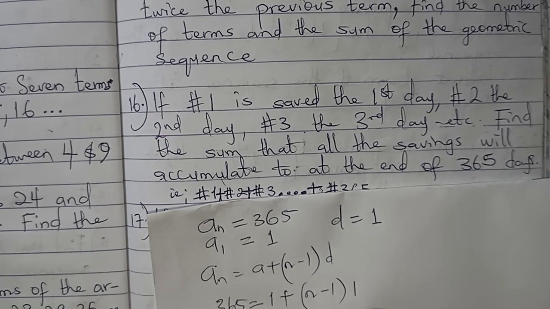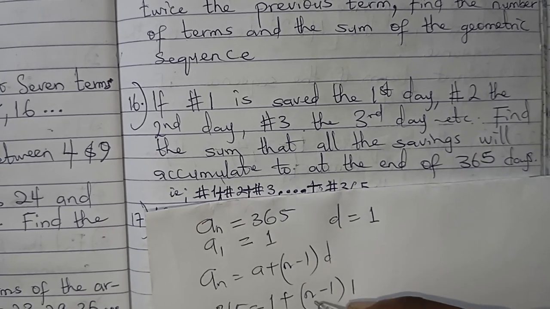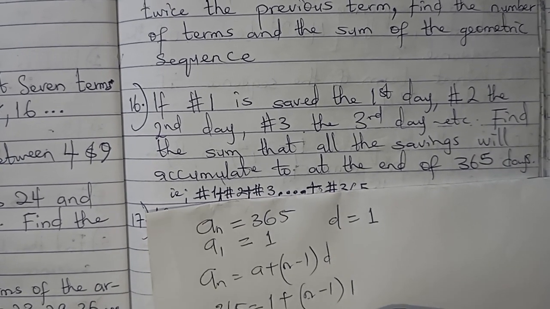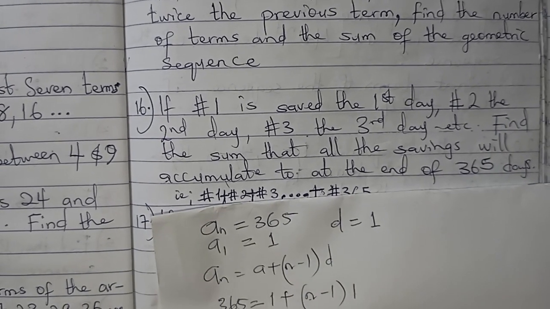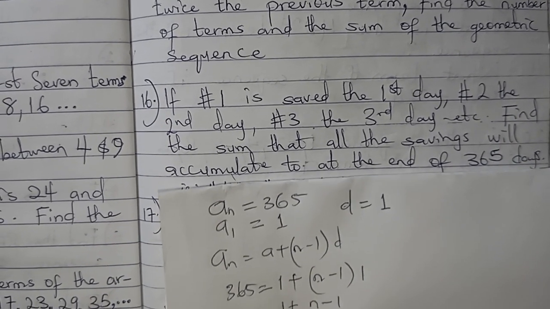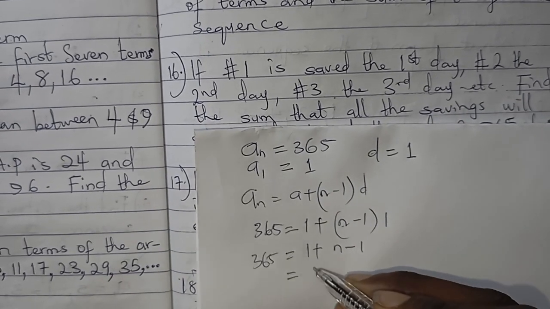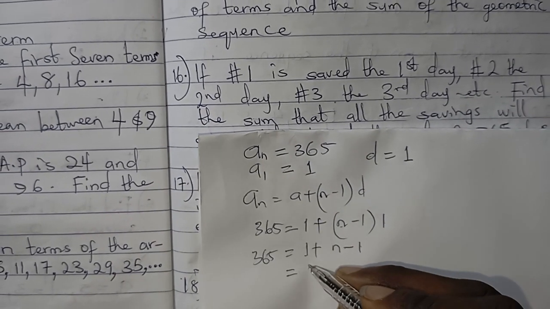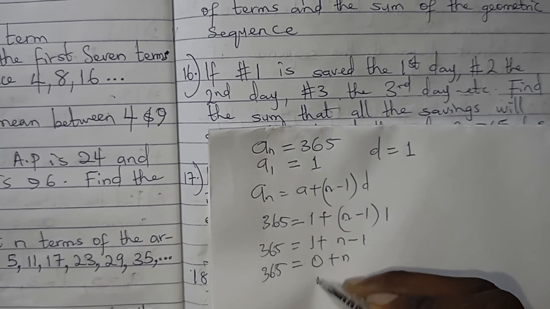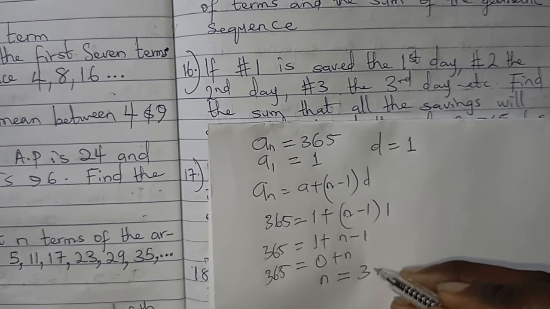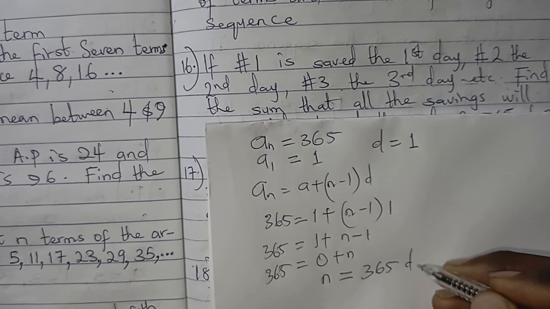This should be 1 plus n minus 1 equals 365. So I simply have 1 minus 1, 0, plus n equals 365. So n is equal to 365 days.